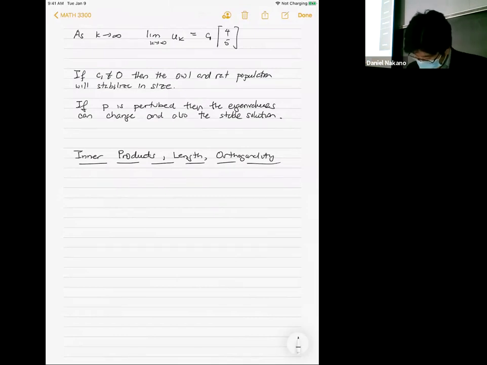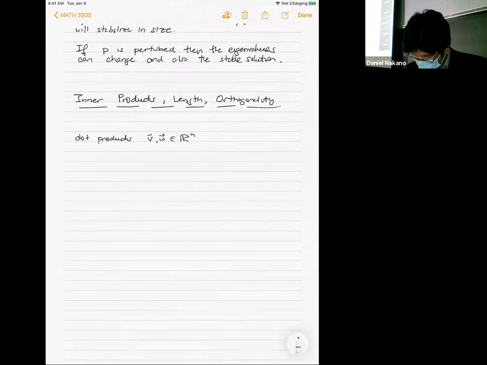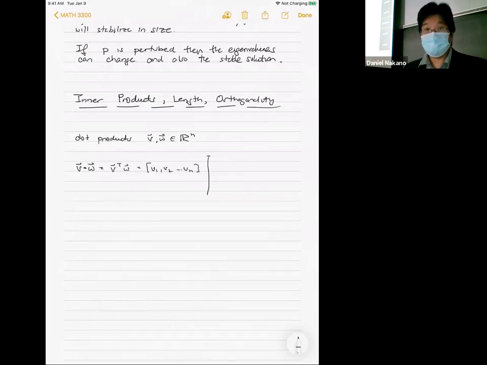If you take the dot product of two vectors V and W in R^n, we express V dot W as matrix multiplication, V transpose times W. That's V1, V2, up to Vn as a row vector, and W is a column vector, as always.